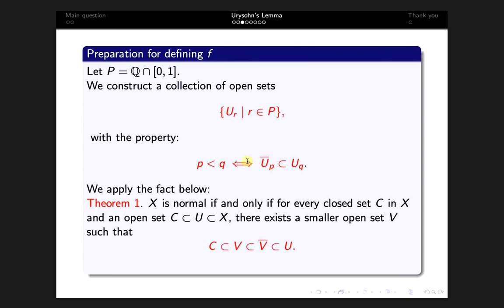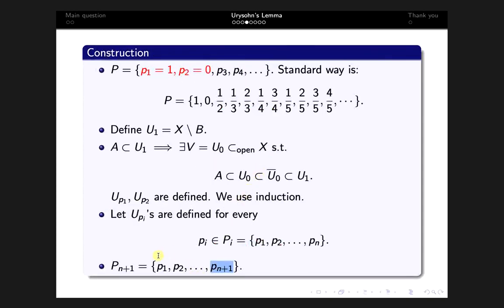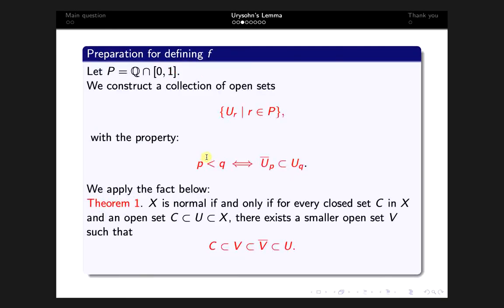So this is the condition. So for the first n elements P1, P2, ..., Pn, we have constructed the U_P's that satisfy this condition also.